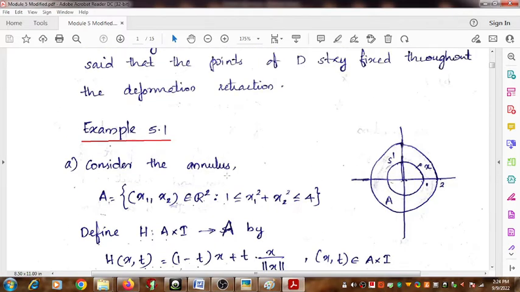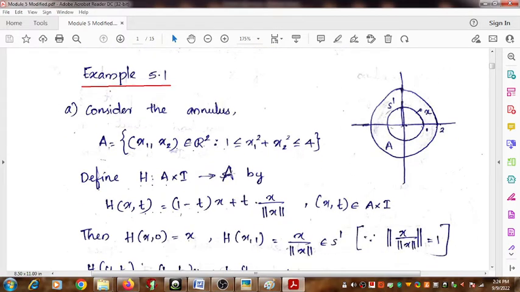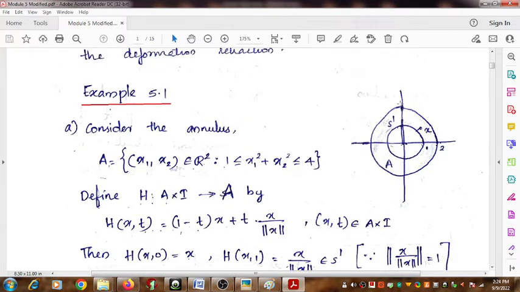We want to discuss some examples. The first example is a special case of a more general situation that we will be discussing after this. Consider the annulus. This annulus has two boundaries, the outer boundary and the inner boundary.